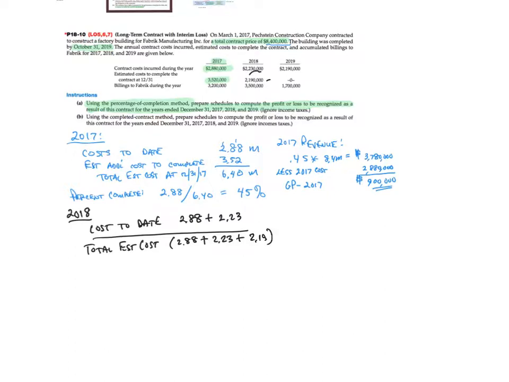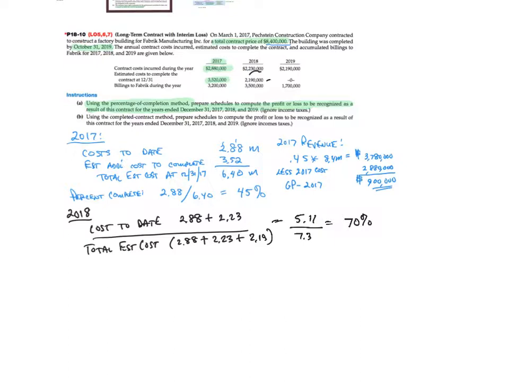And when I do those things, I get $5.11 divided by 7.3, and that comes up to 70%, or 0.70.